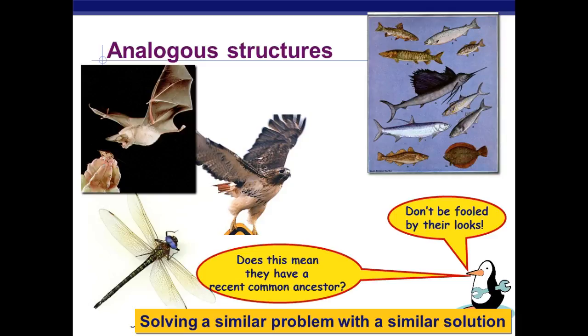They don't share, in the case of the insect, a very close common ancestor with the bird or the bat, which is a mammal. The insect's wings are part of its exoskeleton. In the case of the bat and the bird, the wings are modified from limb bones, part of their endoskeleton, a very different development process, not from a common ancestor.